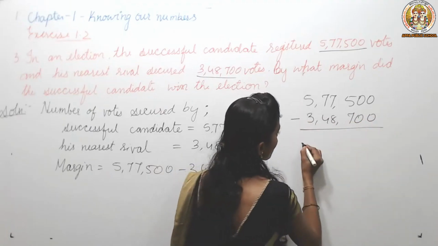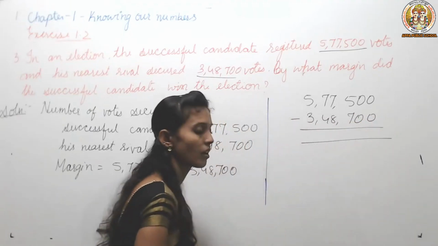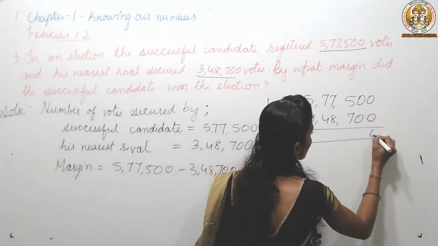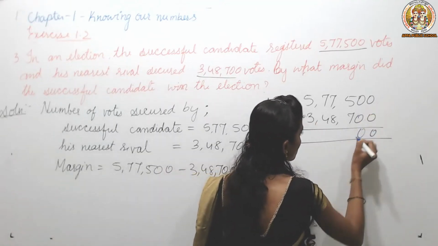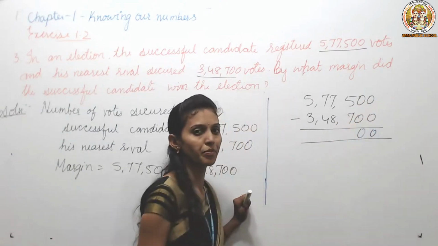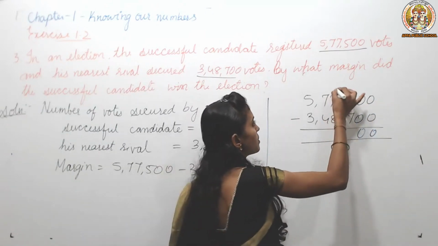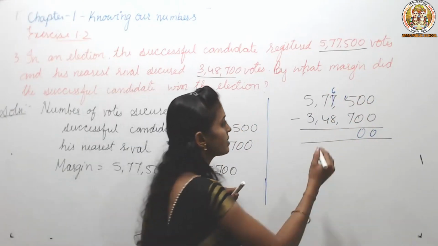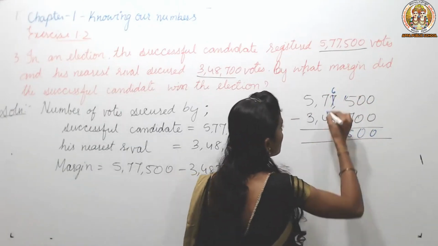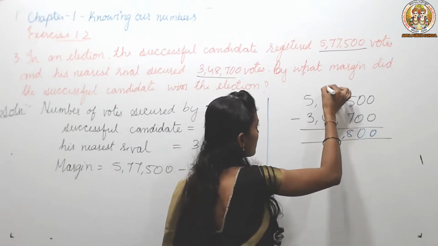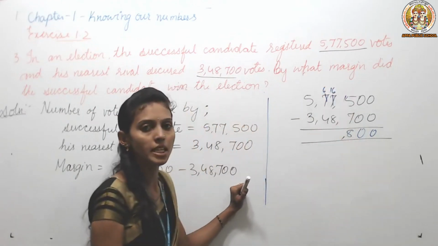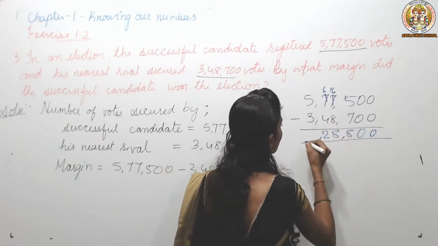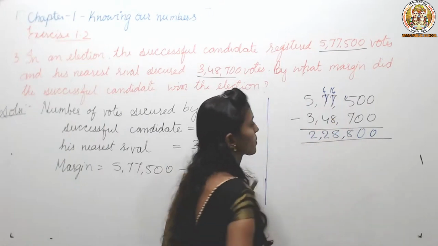Subtract. 0 minus 0 is 0, 0 minus 0 is 0, 5 minus 7. Can we? So, borrow. 15 minus 7 is 8. 6 minus 8, again borrow. 16 minus 8 is 8. 6 minus 4 is 2. 5 minus 3 is 2.